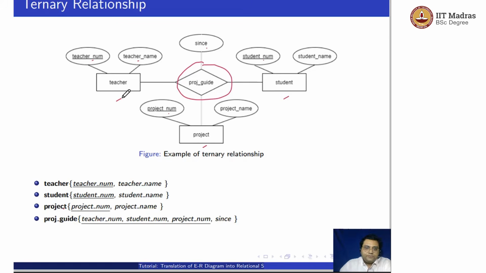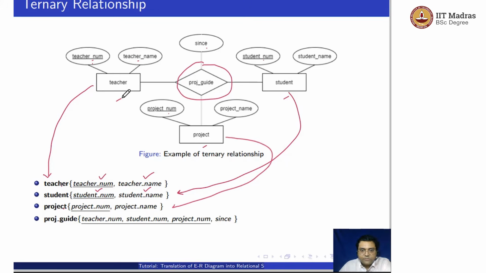For teacher, we'll just convert it into a table having the same attributes: teacher number, which is the primary key, and the teacher name. The student also becomes a table having the primary key, student number, and the student name as another attribute. Then we have project. Project number is the primary key and project name is another attribute.